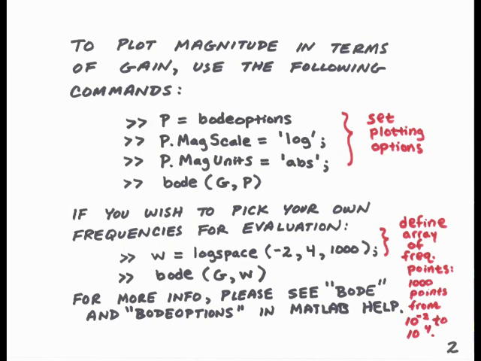What that does is set up 1,000 points evenly spaced on a logarithmic scale between 10 to the minus 2 and 10 to the 4. That is between 0.01 radians per second and 10,000 radians per second. Once we define this array of frequency points, we then just have to include it in the bode command. So we write bode(G, w).